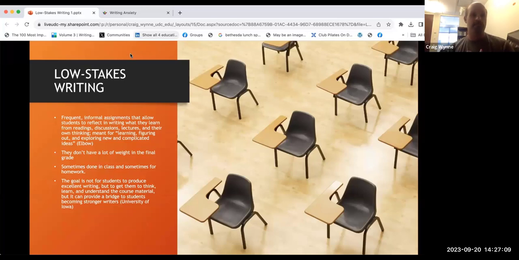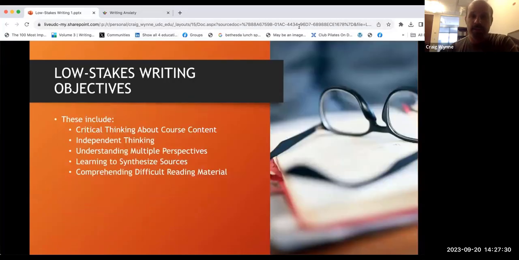So these low stakes assignments give students a safe space to practice and experiment with prose style and strategies that they might not feel comfortable with on a high stakes assignment without some sort of scaffolding. So essentially, objectives for low stakes writing include critical thinking about course content.